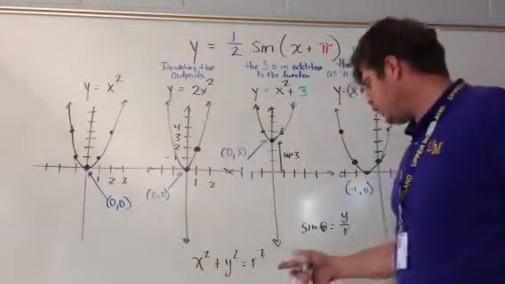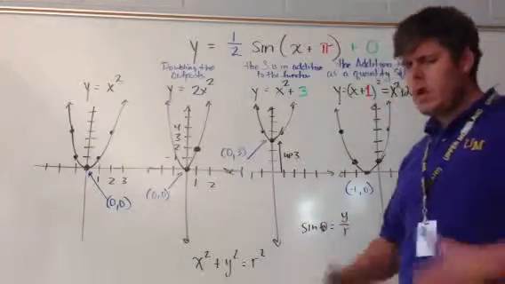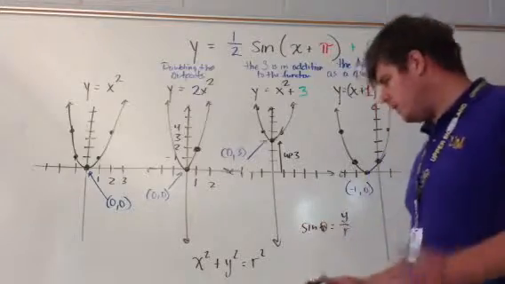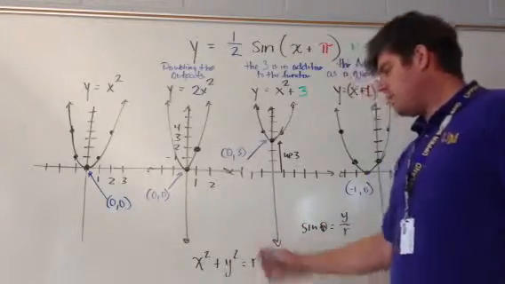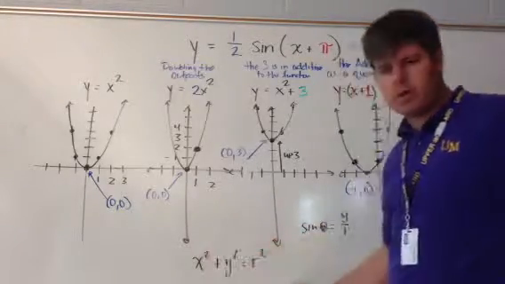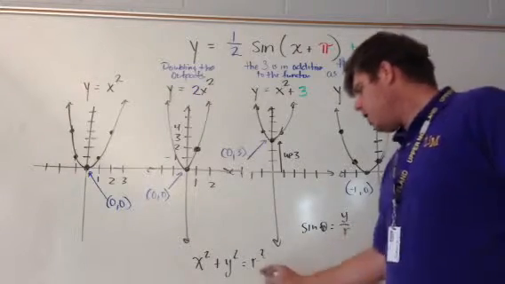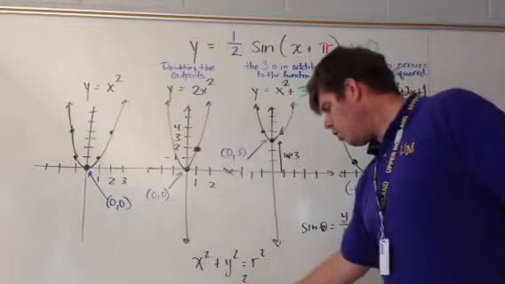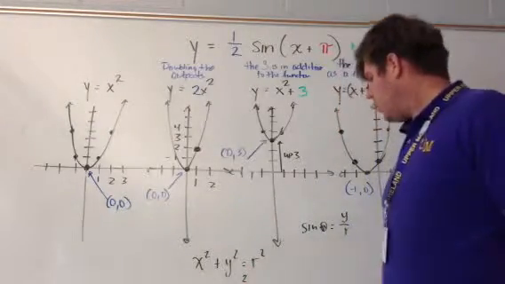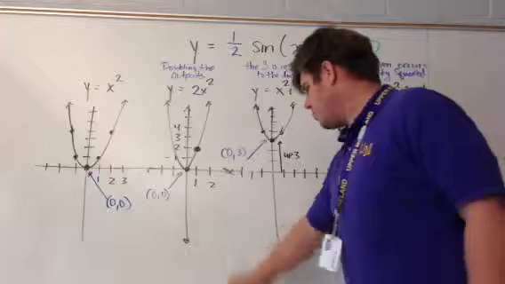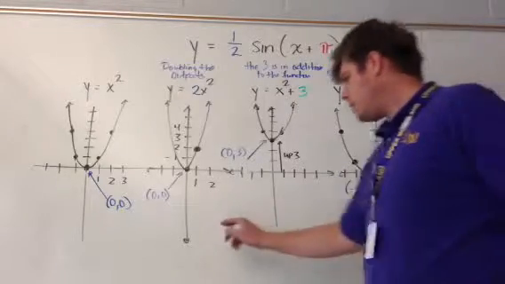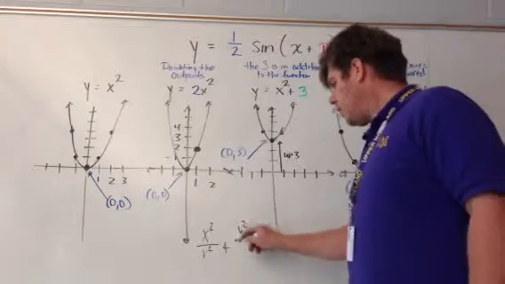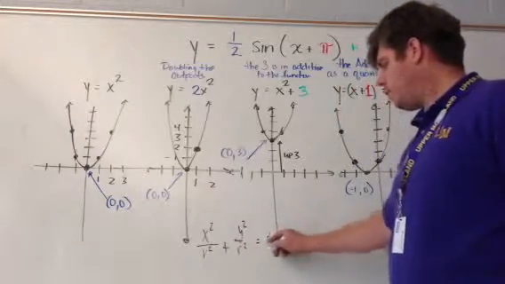If I rearrange this for y over r, I want you to see what type of function that ratio creates. Essentially what I need to do is divide everything by r squared so I can get the y over r. What you're left with is x squared over r squared plus y squared over r squared is equivalent to 1.